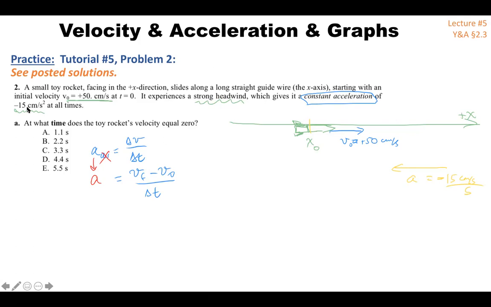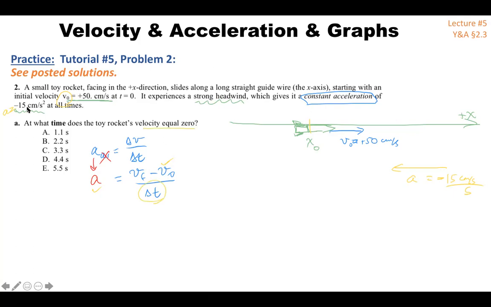Now, which of these items do we know and which are we trying to find? Well, we already know v naught, we already know the acceleration. So acceleration is known, v naught is known. We want to know at what time is the rocket's velocity equal to 0?